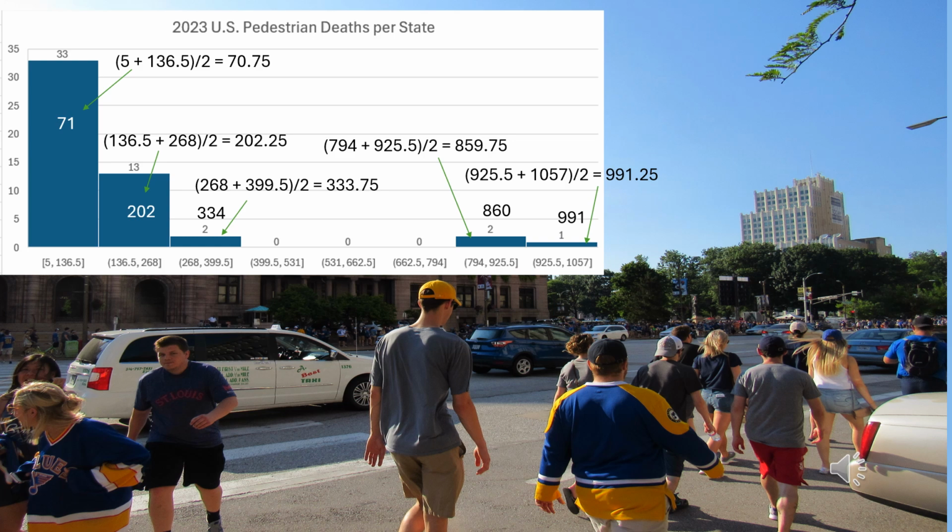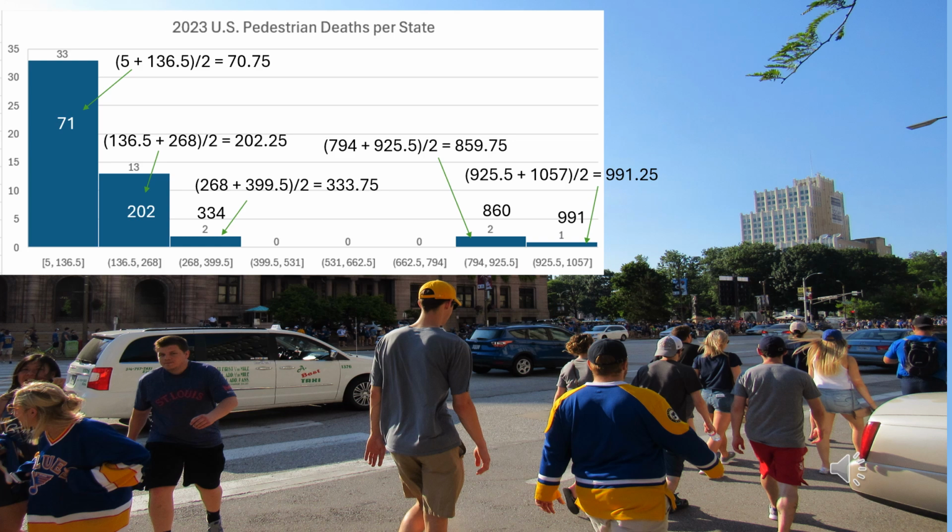Then the third category, the middle is 334, doing the same thing, taking the low and the high of the category and adding them and dividing by 2, giving us 333.75, round to the nearest whole number. I'm going to not bother with the 3 categories in the middle because there aren't any data in it, and so it's not going to affect our numbers. It's okay for us to ignore them.